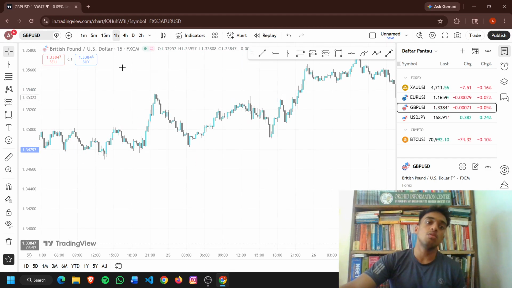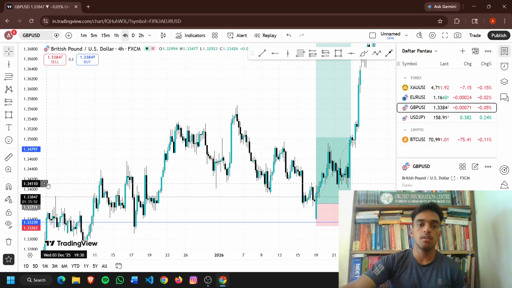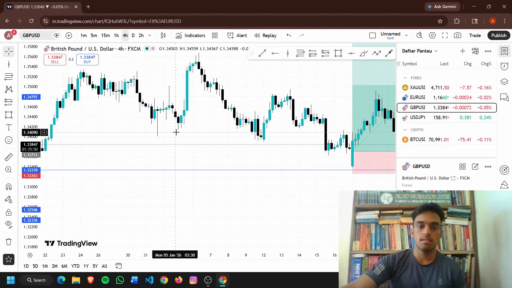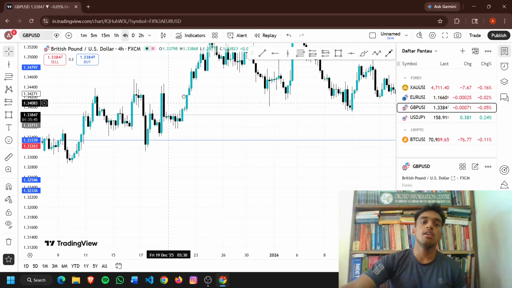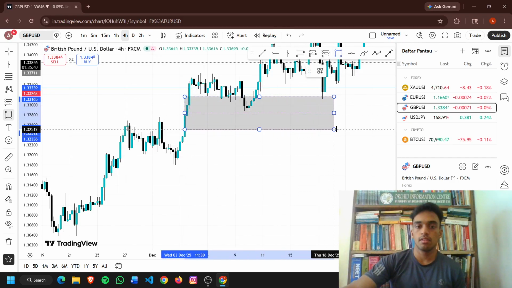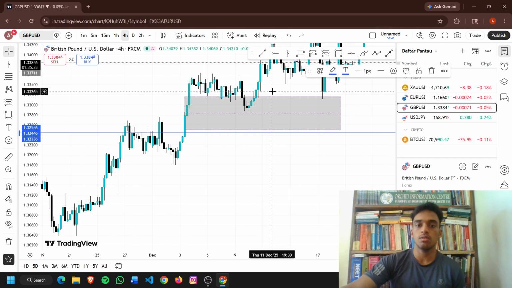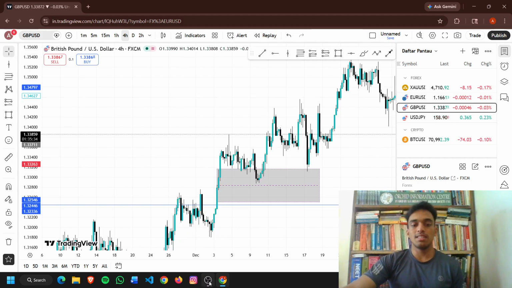I want you guys to go for 1 hour and 4 hour fair value gaps because most of them will be valid. If they're invalidated, then the order flow is different. See, this is also a fair value gap. Got filled, and this is also a valid fair value gap. See how easy everything is.